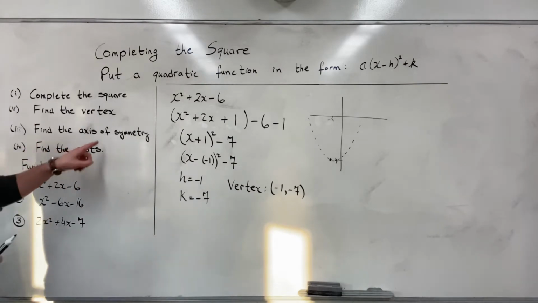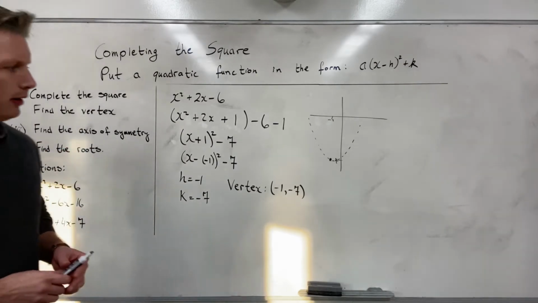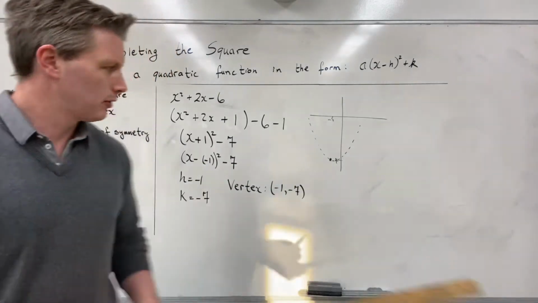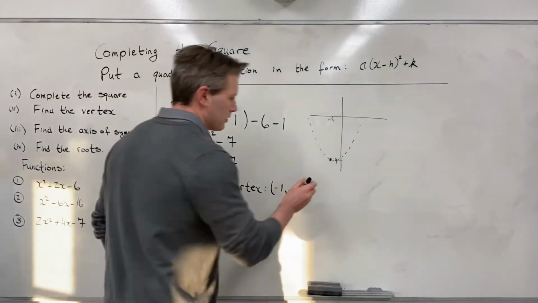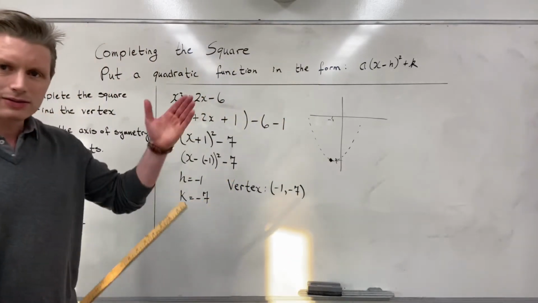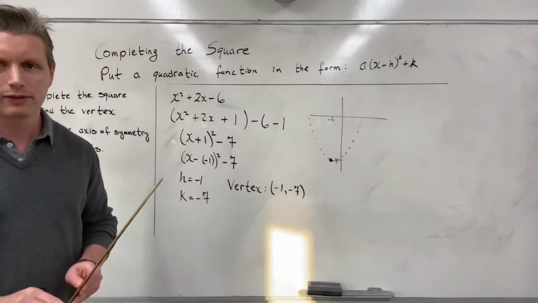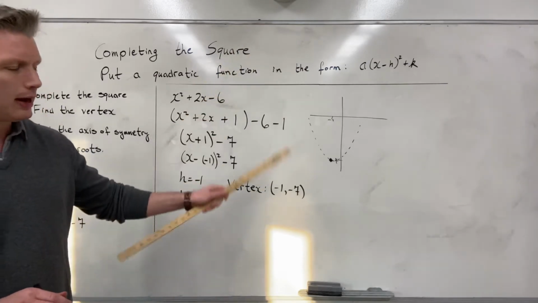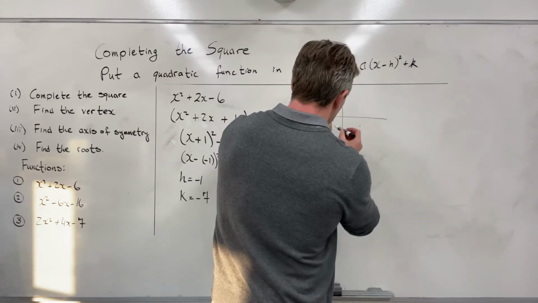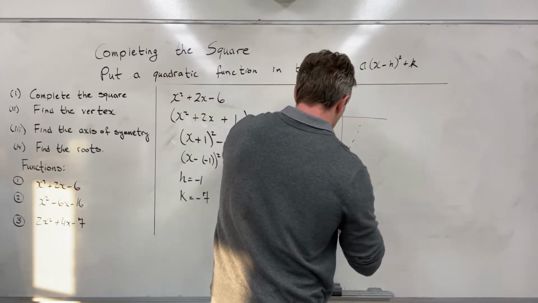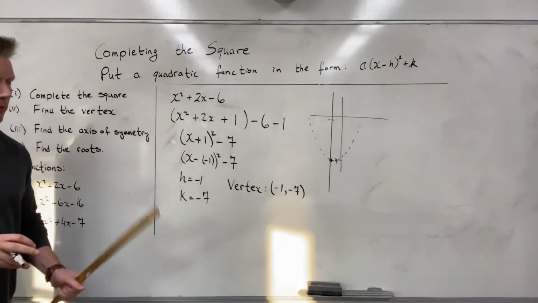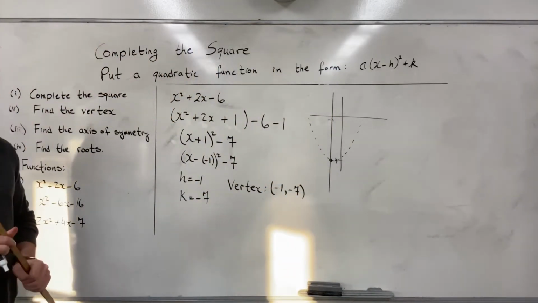Now, the axis of symmetry. Like I say, a parabola is always symmetric about a central axis. If this here is the vertex of my parabola, the axis of symmetry goes through the vertex. It's a vertical line that goes through the vertex. So my axis of symmetry actually goes through here, through that vertex of minus 1, minus 7.